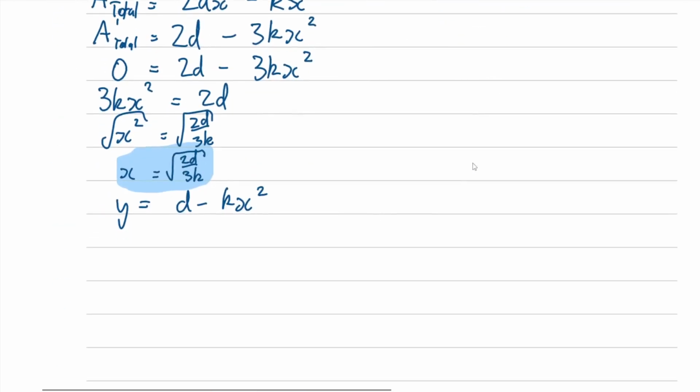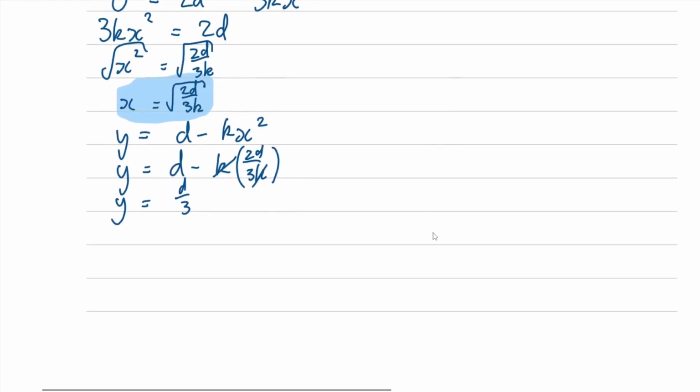So substituting x into here, we get y equals 2d over 3k, square root squared, so that just becomes 2d over 3k. The k's will cancel. d minus 2/3 of a d is 1/3 of a d, or d over 3.